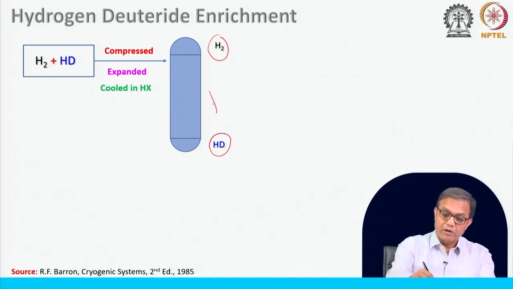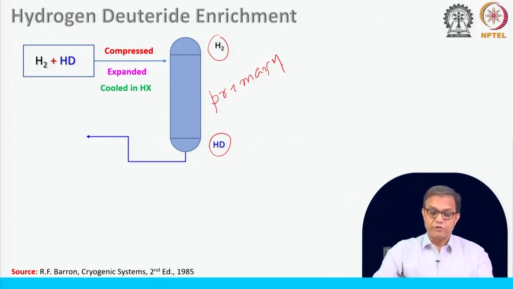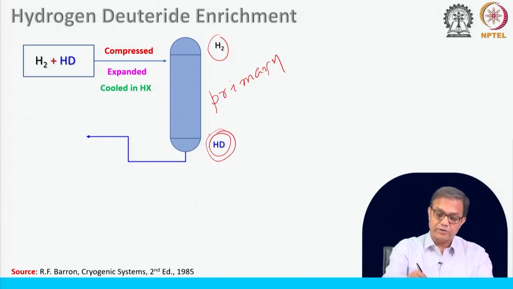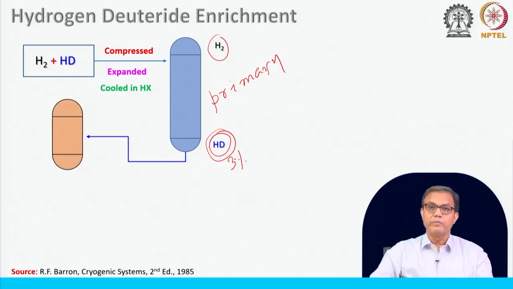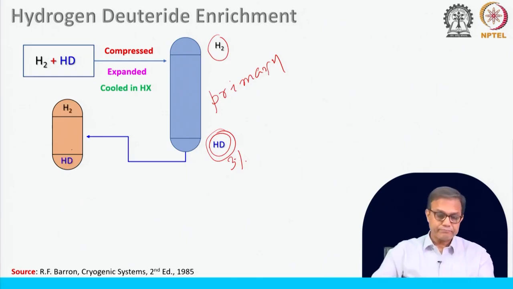This is the primary column, as we call it, and then we will have a secondary column. From the primary column, this enriched hydrogen deuteride, say about 3% hydrogen deuteride, will be taken to the secondary column, where again it will be separated primarily into HD and H2.